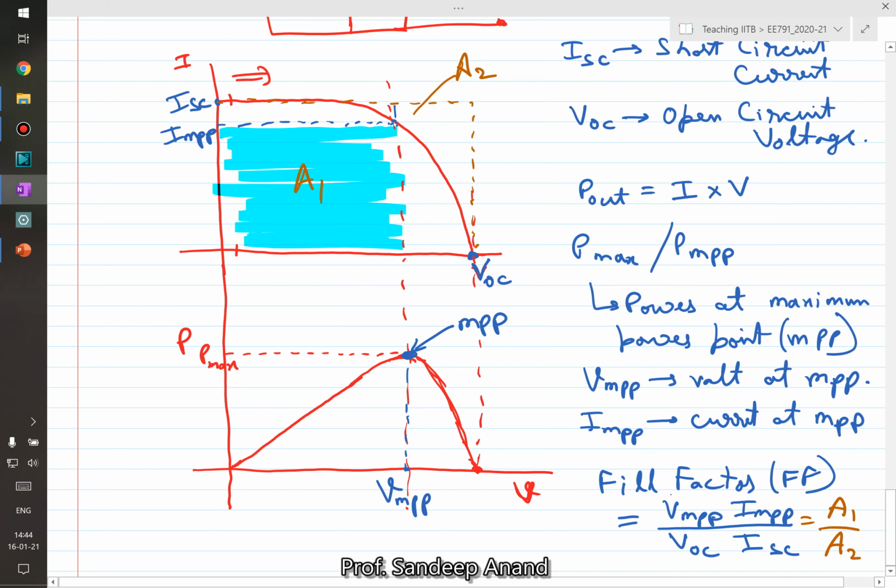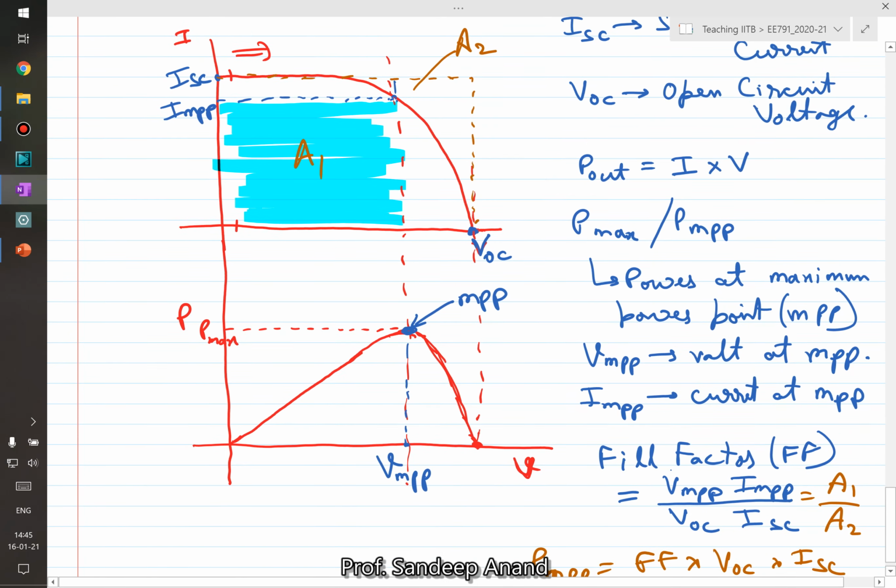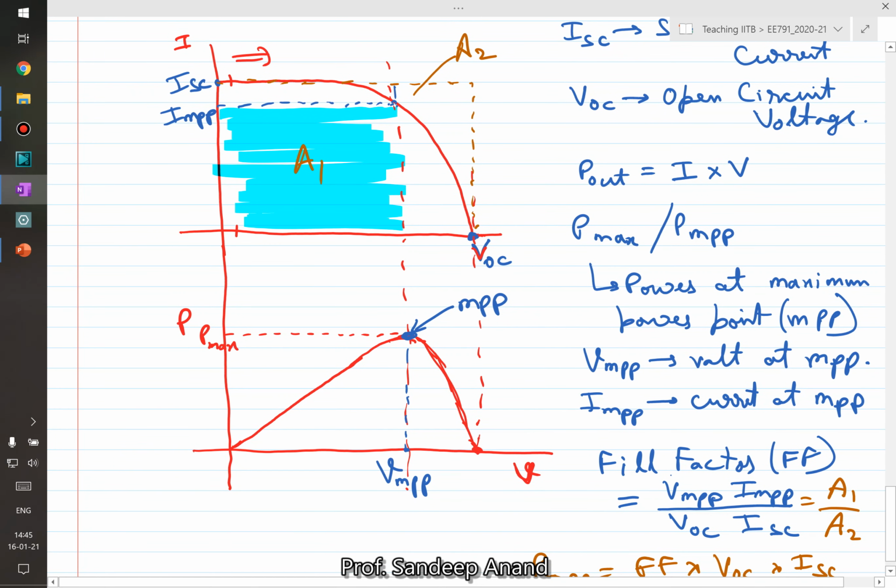So for instance, if you have a cell which has a very large value of open circuit voltage, but it has a very poor fill factor because of the series resistance, shunt resistances, and so on, then the effective power that we will generate is fill factor multiplied by VOC multiplied by ISC. So even if you have a very large value of VOC and end up with a poor fill factor, that may not necessarily give you a large output power. Therefore this fill factor is a very important parameter while comparing different manufacturing processes, different cell technologies and so on.